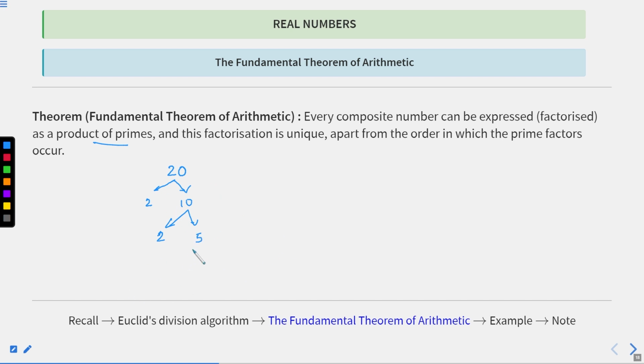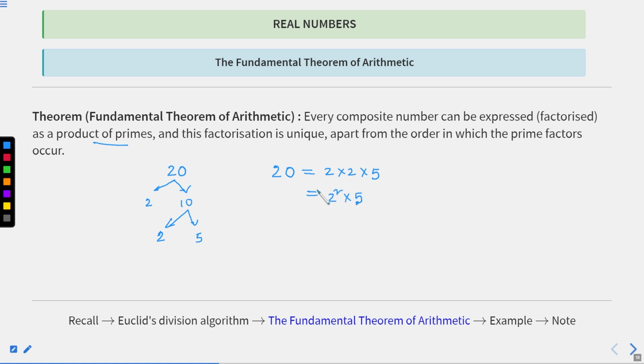So we have factorized 20 as 2 into 2 into 5, which is equal to 2 square into 5.